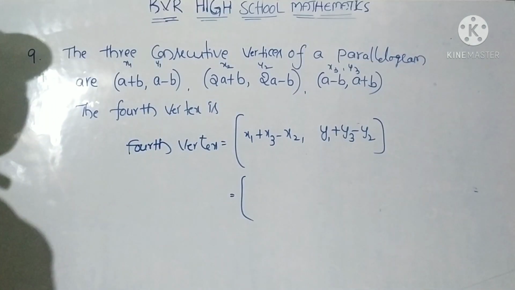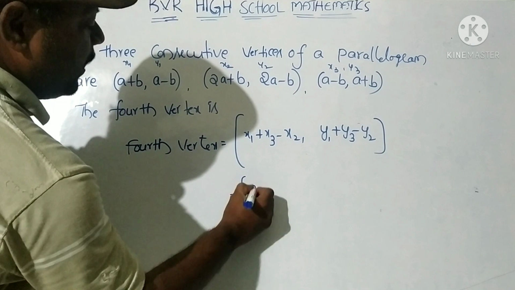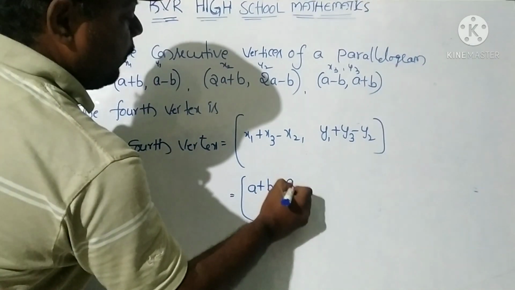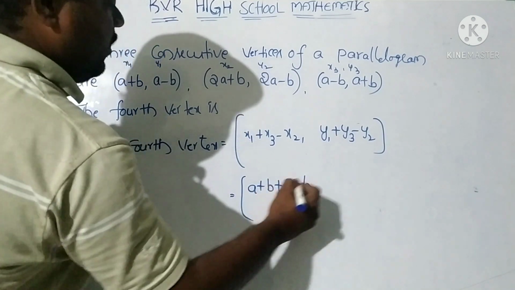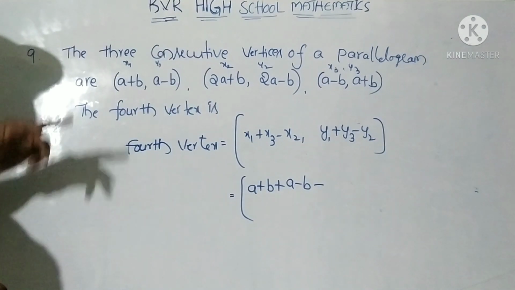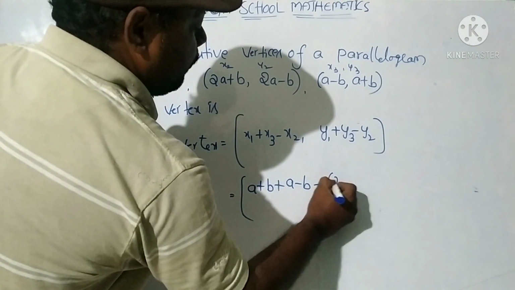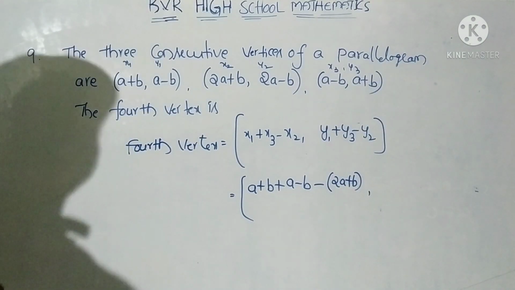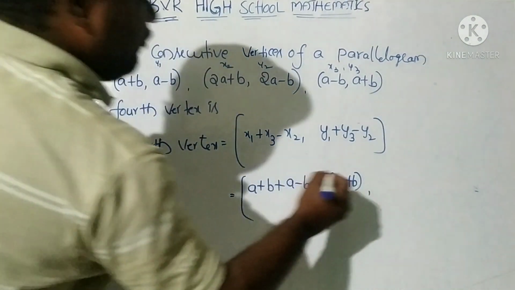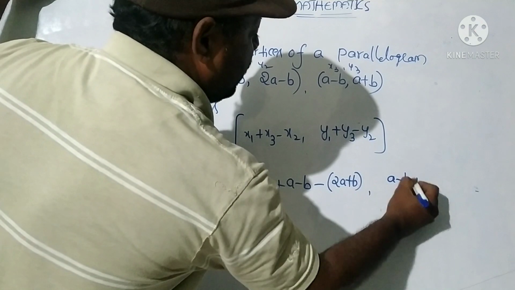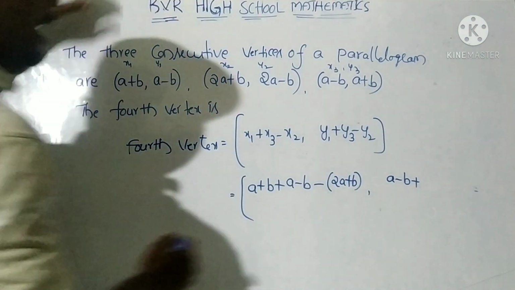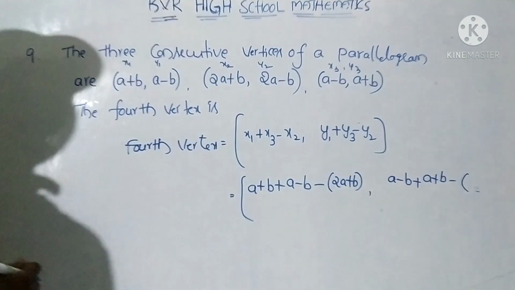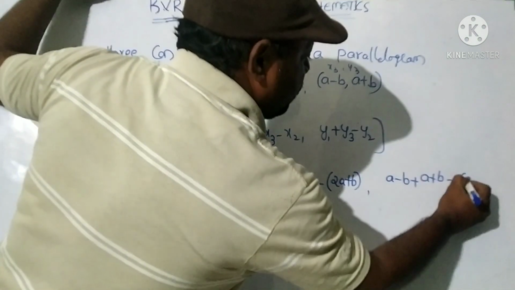Now substitute the values. The x1 value is a plus b, plus the x3 value a minus b, minus the x2 value 2a plus b. Next, the y1 value is a minus b, plus the y3 value a plus b, minus the y2 value 2a minus b.